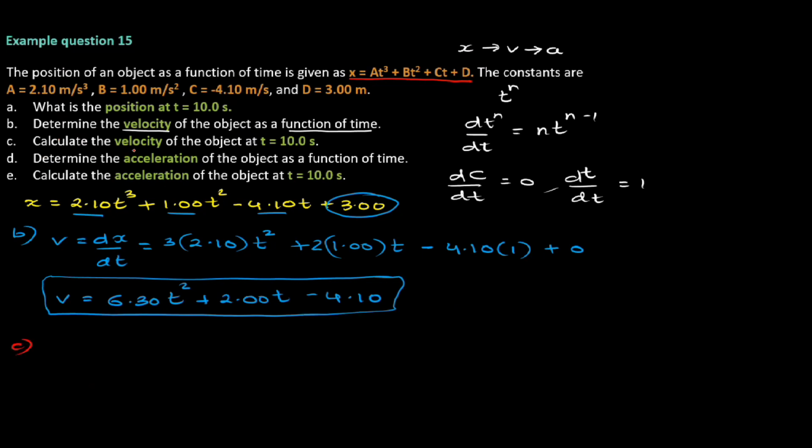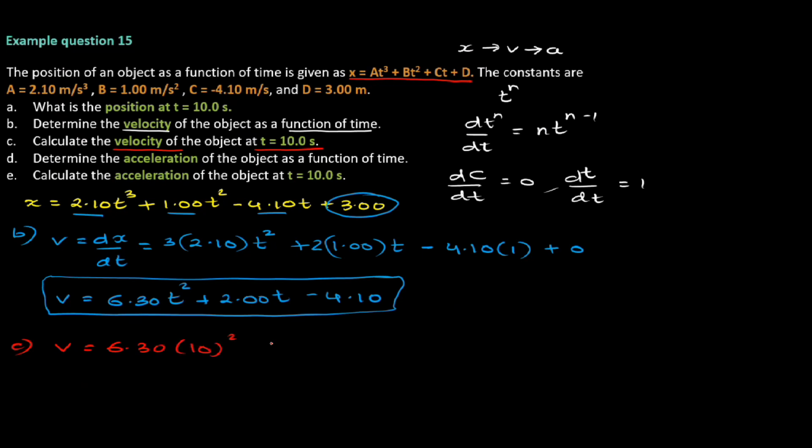In part C, we have to calculate the velocity of object at time t equals 10 seconds. So I already found my velocity function in part B. I can calculate the value of velocity by substituting t as 10 seconds in this function. So let's do that. I will write v equals 6.30. In place of t, I will write 10.